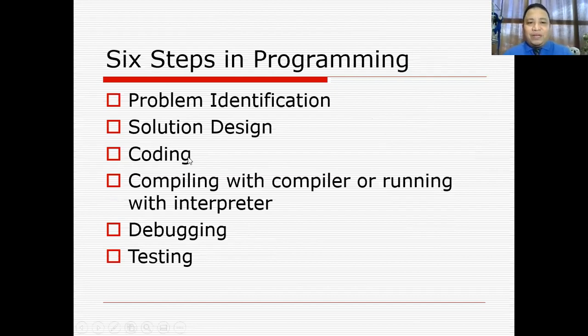Step 3 would be coding. You need to code the program. Then step 4 will be compiling with a compiler or running with an interpreter. And then you debug it. That would be step 5. And the last step would be testing, to see if your program is good enough to run.